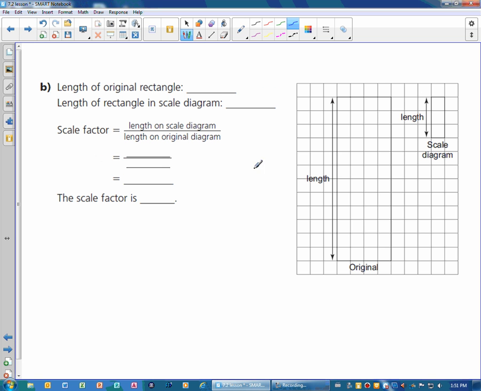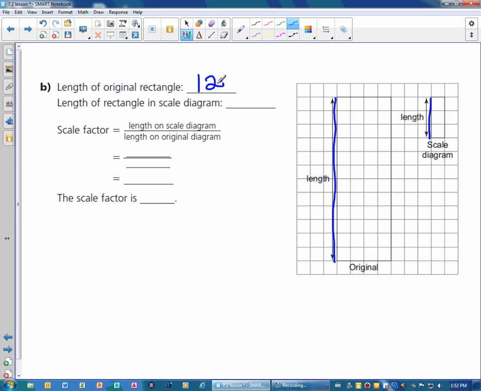And then B says length, we've got a rectangle here. When you're trying to find the scale factor of something like a rectangle, you only have to do one side. You don't have to do all of them, just one side. They said use this length here and then use this length here. So the length of the original: 1, 2, 3, 4, 5, 6, 7, 12.